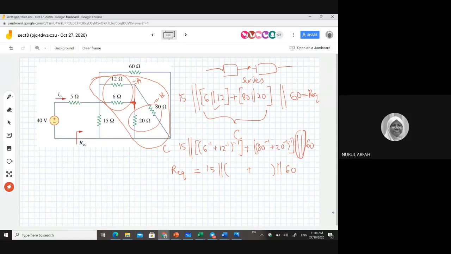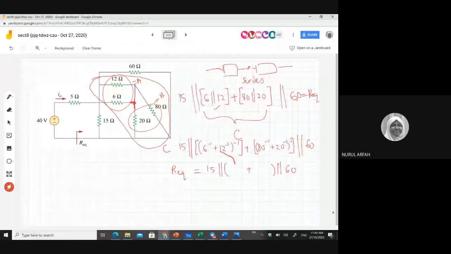This is parallel, right? Okay. So 6 with 12, I put this way, and this is inverse. This is parallel. So 80 with 20 is actually this. Okay, then this one.